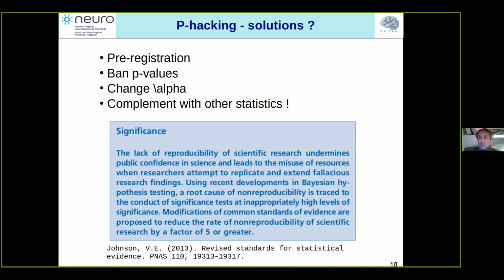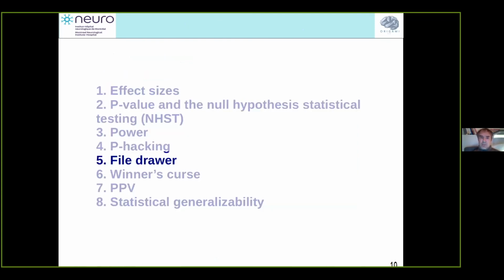So that's a very interesting procedure. There are other possibilities, like complementing with other statistics and so on. But I think p-hacking can be very well solved with pre-registration. It just has to be implemented.